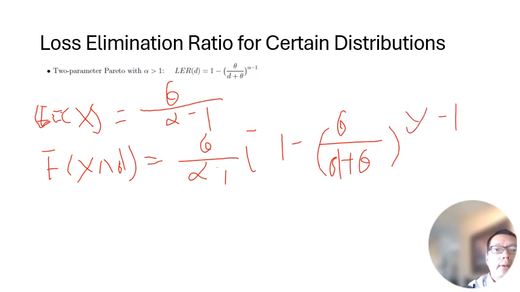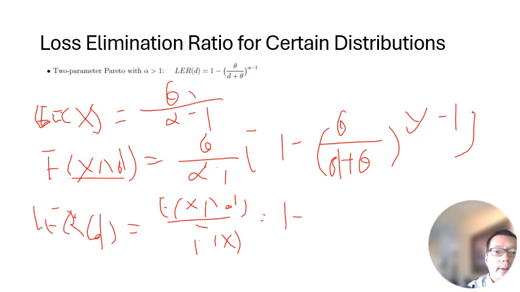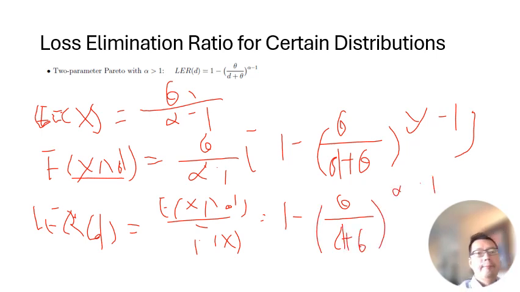This is just a review in that sense. So now LER(D) will be E[X capped at D] over E[X]. Now this part will cancel out and it's just 1 minus theta over D plus theta, to the power of alpha minus 1. Okay. This is just a very simple deduction of the LER for the two-parameter distribution.